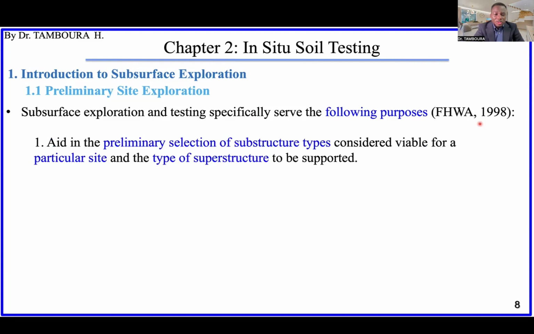Okay, first, why do we need to do subsurface investigation? Following this US standard, Federal Highway Administration, it will aid in preliminary selection of the type of structure considered viable for a particular site and the type of superstructure to be supported.